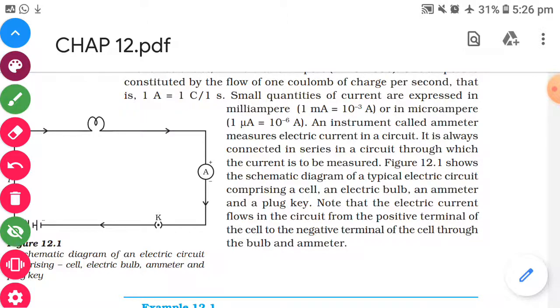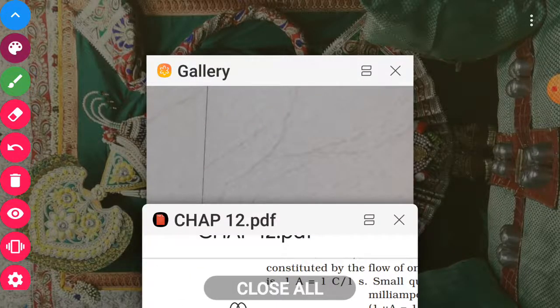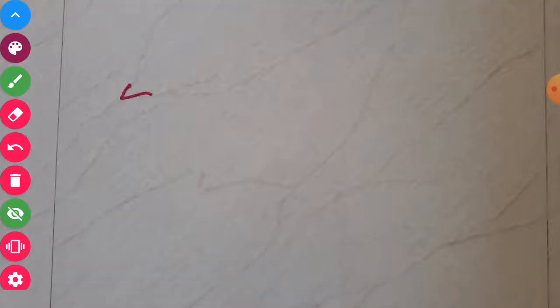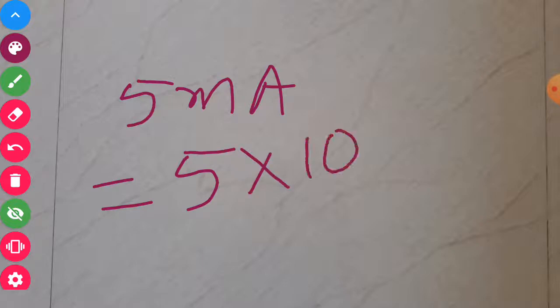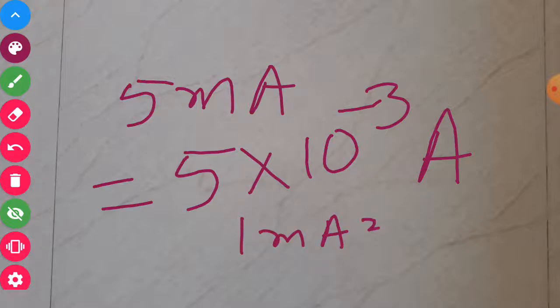Okay. Small quantities of current are expressed in milliampere and microampere. Milli means 10 raised to minus 3 ampere. When I say 5 milliampere current is flowing, it means that 5 into 10 to the power minus 3 ampere is flowing. 1 milliampere is equal to 10 to the power minus 3 ampere.